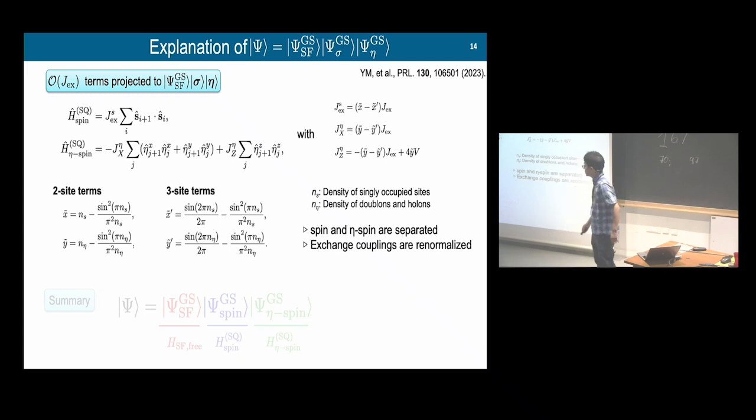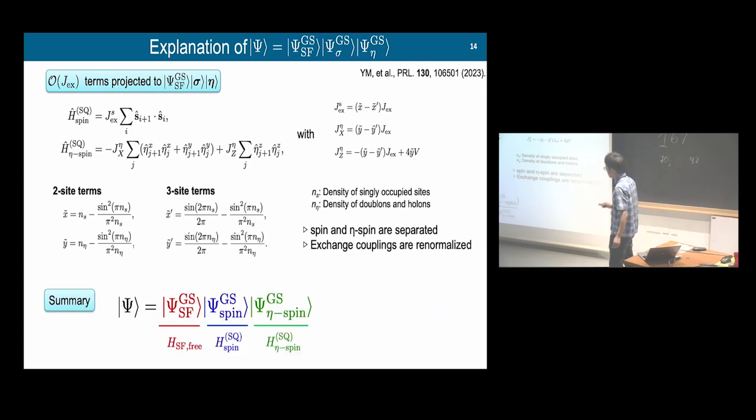The spin part is represented as an SU(2) Heisenberg model with a renormalized exchange energy as a function of spin density, and the eta spin part is represented with the XXZ model, whose coefficient is renormalized as a function of eta spin density. To summarize, we now have this kind of factorized form of the wave function. The spinless fermion part is described by the free Hamiltonian, the spin part by the Heisenberg Hamiltonian, and the eta spin part by the XXZ Hamiltonian.